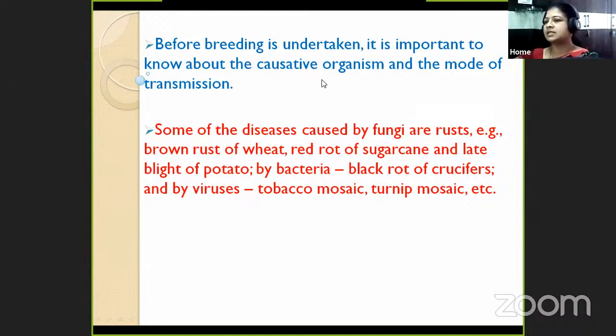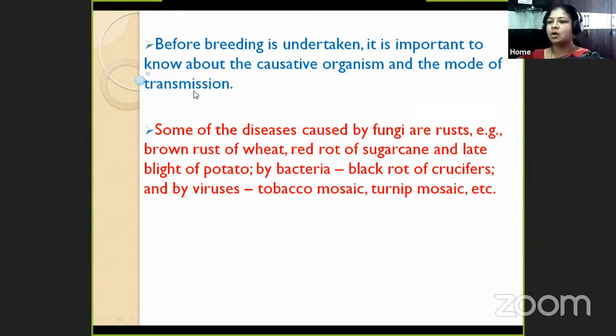The disease is caused by a bacterial member, a fungal member, or a viral member.